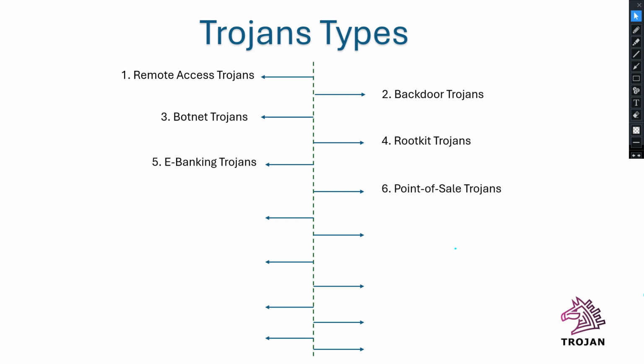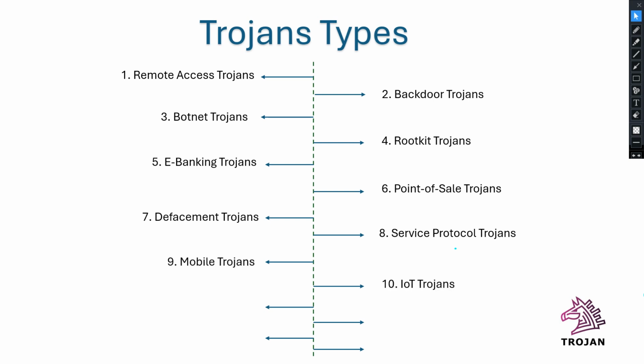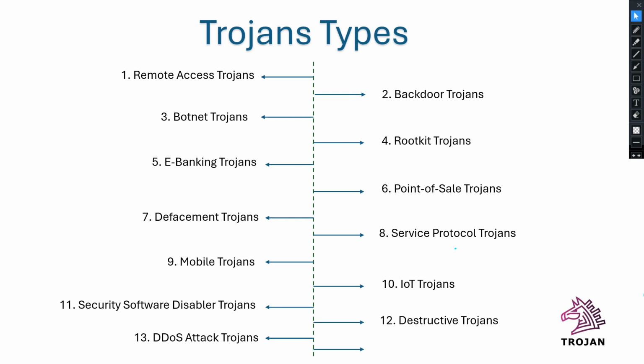After that we have point of sale Trojans, defacement Trojans, service protocol Trojans, mobile Trojans, IoT Trojans, security software disabler Trojans, destructive Trojans, DDoS attack Trojans, and command shell Trojans. These are a total of 14 types of Trojans that we have.